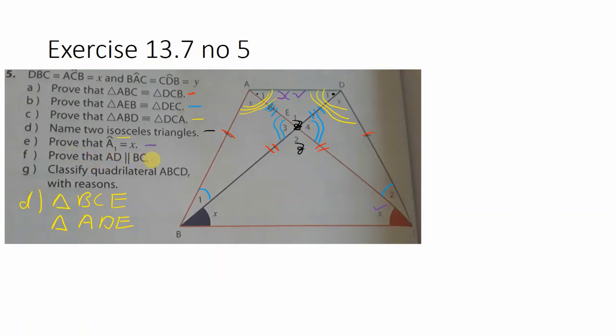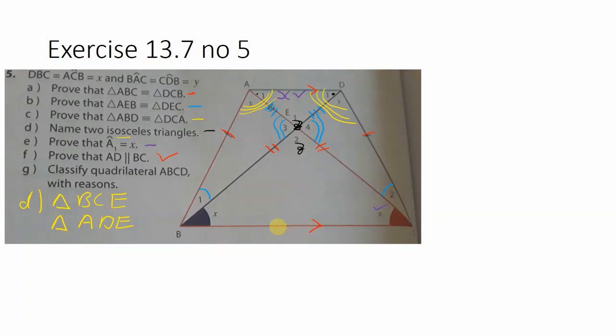Now that we have proven that side AD is congruent to side BC, or not congruent, rather parallel, we can indicate the parallel properties.